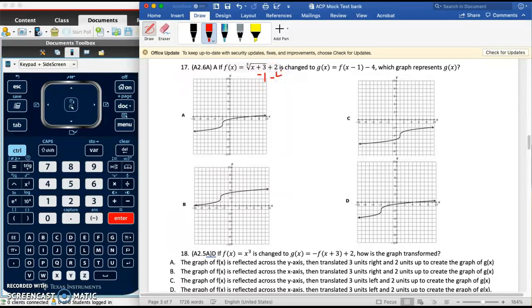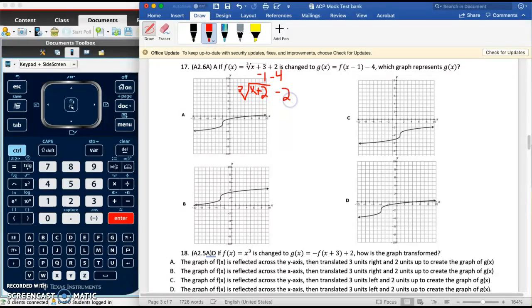So from here, it becomes x plus 2 under there, and that's the cube root. Sorry, this is not easy to draw. Minus 2 it becomes, because 2 minus 4 is minus 2.